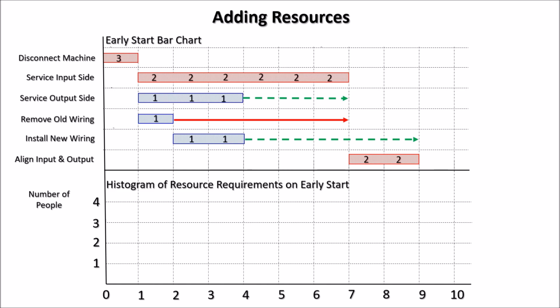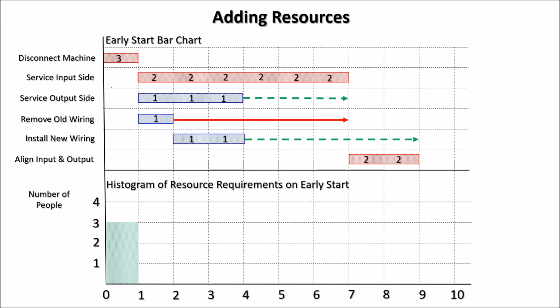So, for example, for the first time slot, we see we have only one activity during that time slot between 0 and 1, and that is the disconnecting of the machine, and that requires 3 people. So we enter that onto our graph or histogram.